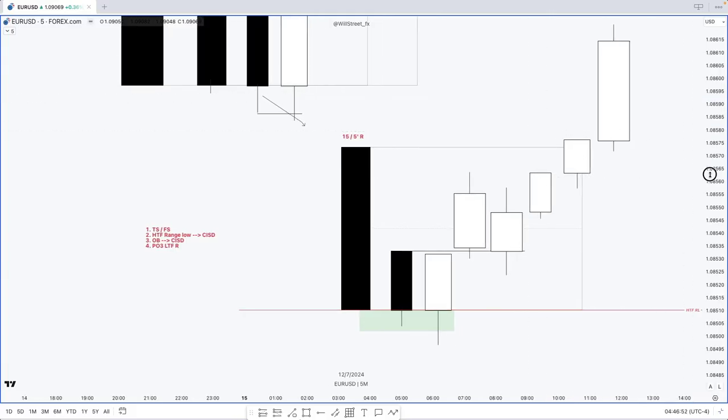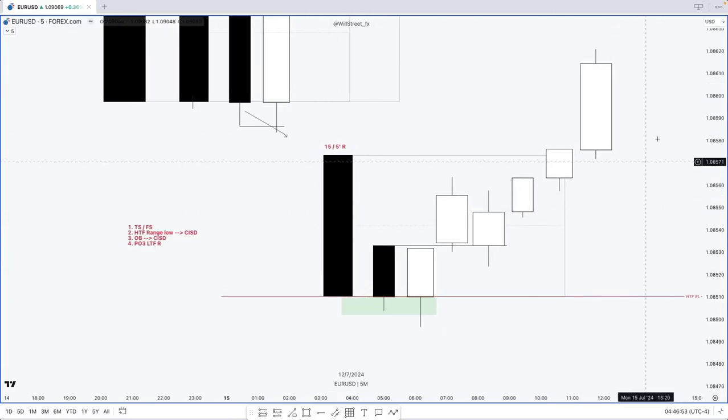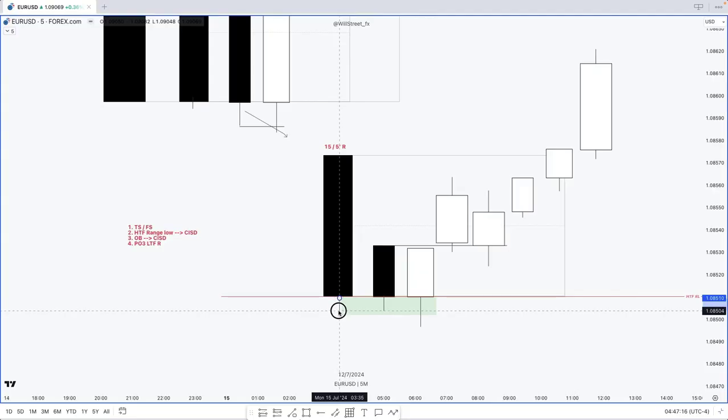Okay, so this is how the low time frame range looks, and let's see our sequence of the entries. First one, this and this, which are the turtle soup or failure swing entries. This is a failure swing, this is a turtle soup.